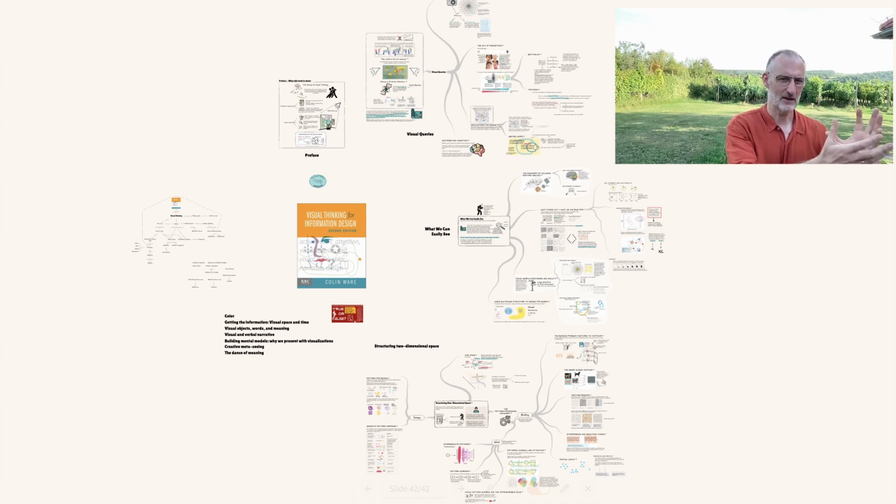There's some theoretical discussion about how your brain works and how your mental systems machinery works, but it's not too detailed, and it's also not too superficial, so it gives you some grounding to then understand the different tools and approaches that Colin explains for how to organize information and present information.